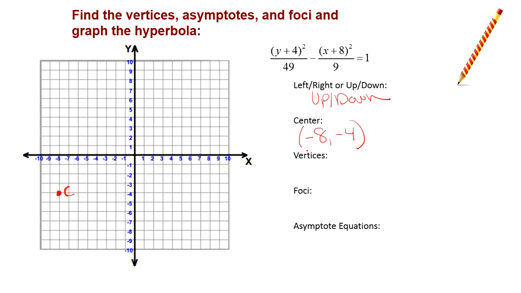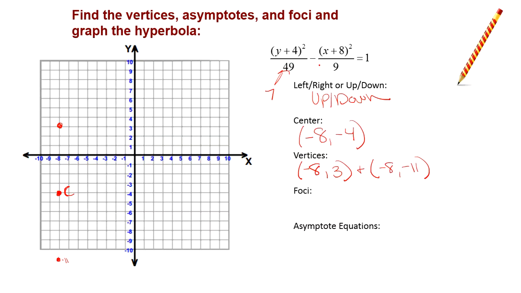So my vertices are going to be a distance of 7 away. Up and down, I'm going to go up 7 and down 7: 1, 2, 3, 4, 5, 6, 7, and 1, 2, 3, 4, 5, 6, 7. Looks like we're going to be at 3 here, and negative 11. So my two vertices are at (-8, 3) and (-8, -11).